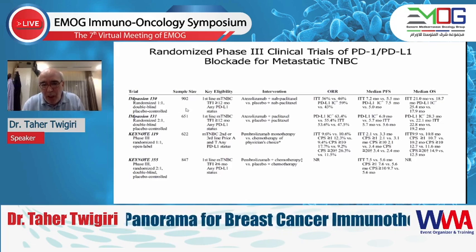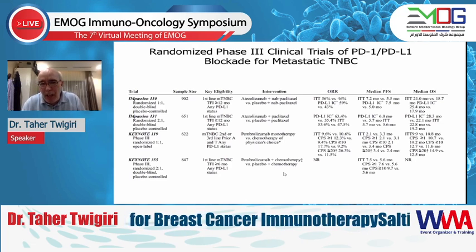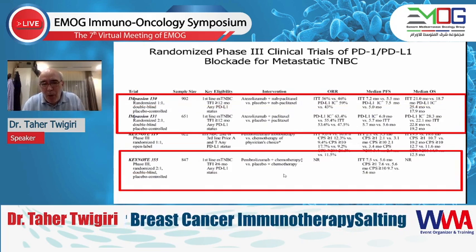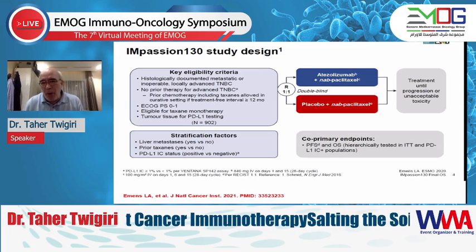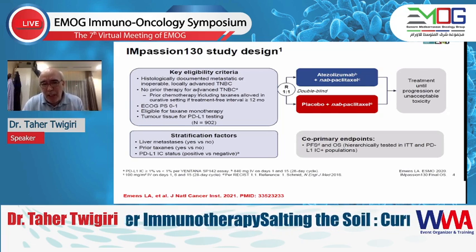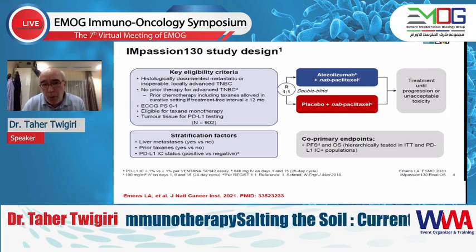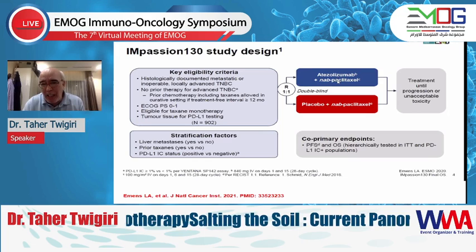As you can see here, there are a good number of these. Forget about this; we are going to discuss all of this in detail. Now, this is IMpassion 130, which is very well known: patients with triple-negative disease, first line, with adjuvant or neoadjuvant treatment more than 12 months earlier, were randomized to Atezo plus nab-paclitaxel.